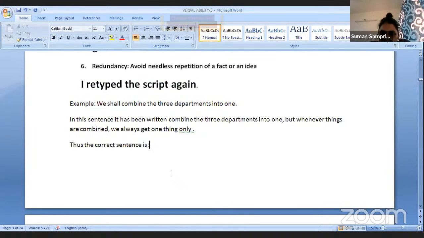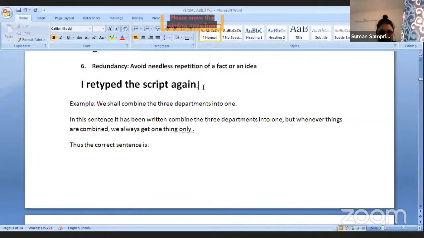Abhiraj has given, Sunita has also answered. Yeah, type the script again. Correct, Mrinmoy. I scripted it again. Okay, I scripted will change the meaning, Devadarshini. So this is an example of a redundant expression.